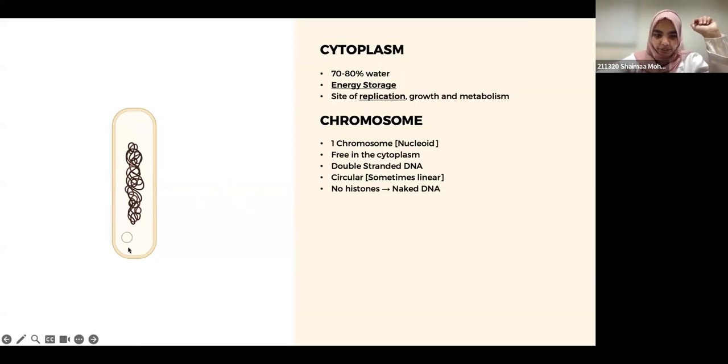Now this little structure appears. What do you think this is? Okay, correct, this is the plasmid. If you remember, what is one really important function of a plasmid?